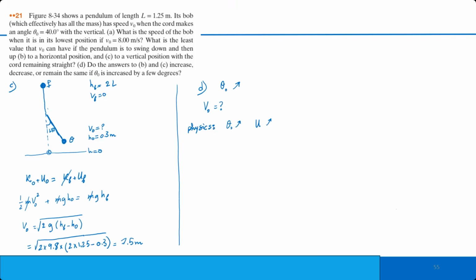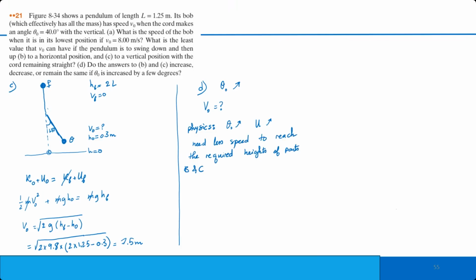If the potential energy increases, then the total energy increases, and we need less initial speed to reach the required heights of parts B and C. So if the angle is higher, we have some additional potential energy.